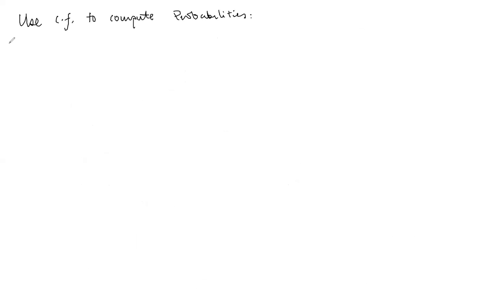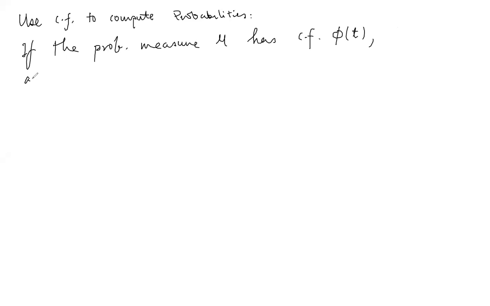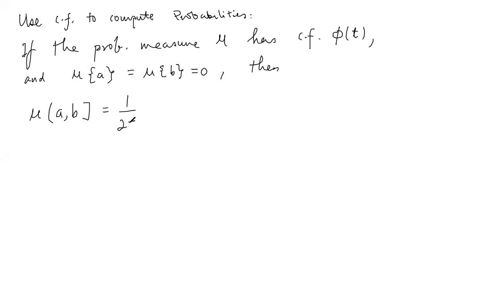Okay, so here's the result. If the probability measure mu has characteristic function phi t, and of course, if the measure at the singletons is 0, then the measure of some interval here, the probability measure, will be equal to 1 over 2 pi times this thing.